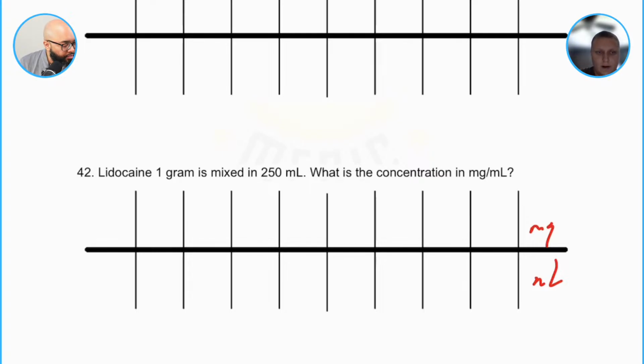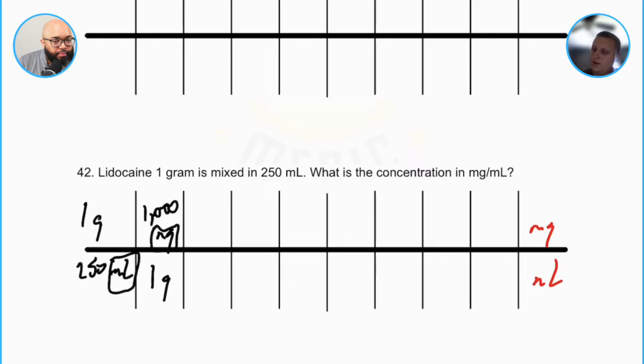Put 1 gram on top, 250 milliliters on bottom. We have to get to milligrams, so put the gram on the bottom. Then it's 1,000 milligrams per 1 gram.